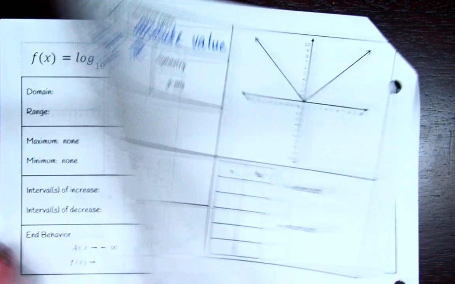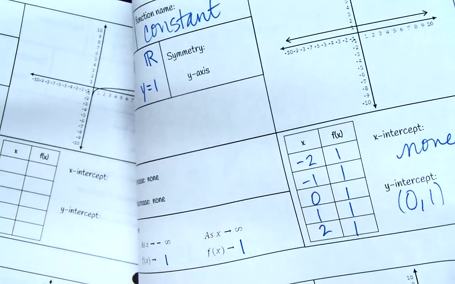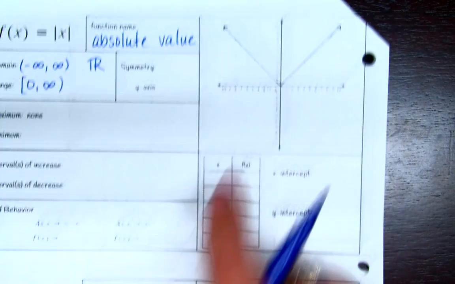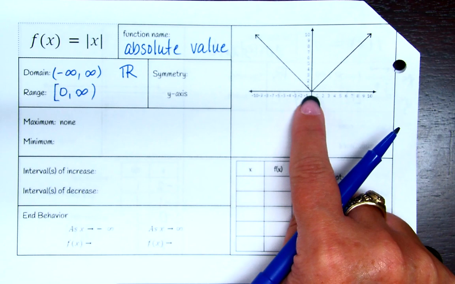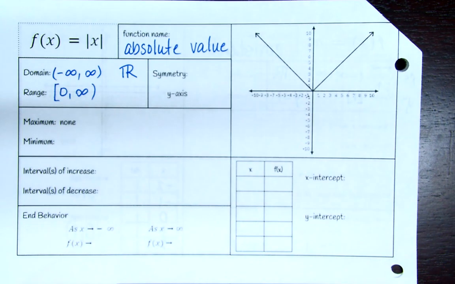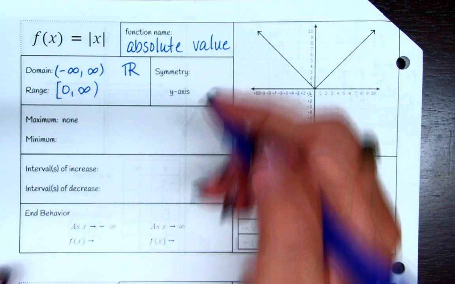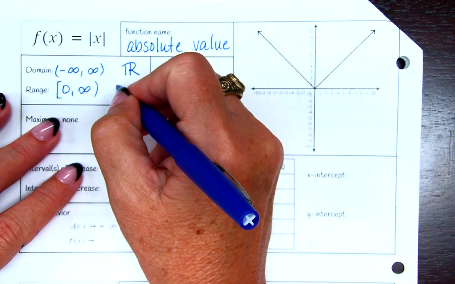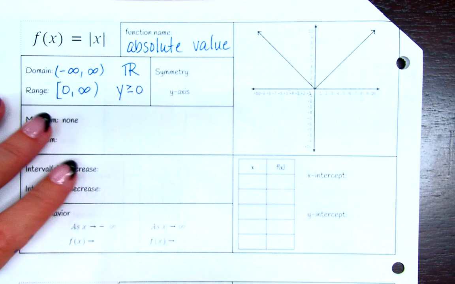Just like we used on this one over here, where we had brackets around the 1 because the 1 was included as part of our range. Isn't the 0 included as part of our range? Doesn't our graph touch the 0? Yeah? When it does, it's a bracket. Okay? Now, how does that look? That looks like this. Y is greater than or equal to 0.